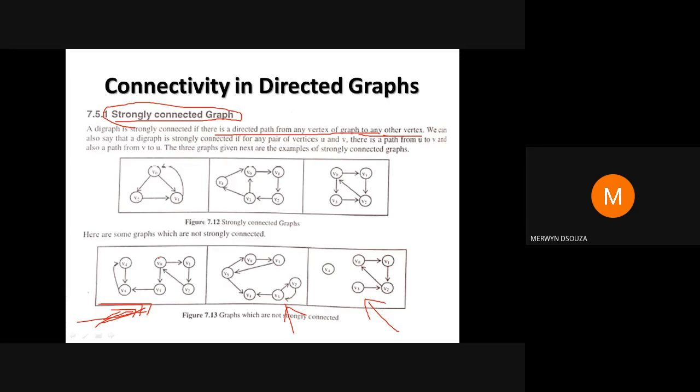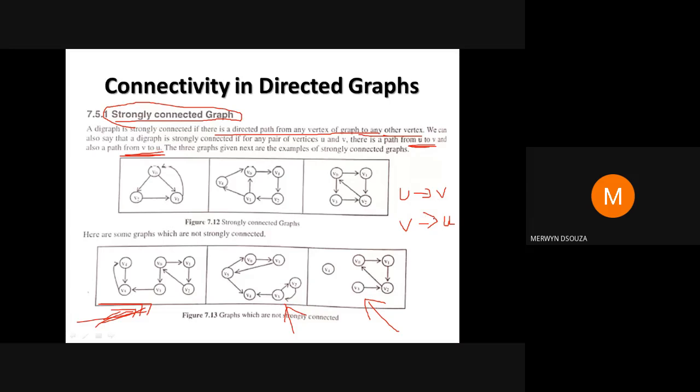At least one example where there is no path from one vertex of that graph to another vertex in the same graph. If you can find at least one place where this is missing, there is a path from U to V, but there is no path from V to U, then this condition fails.